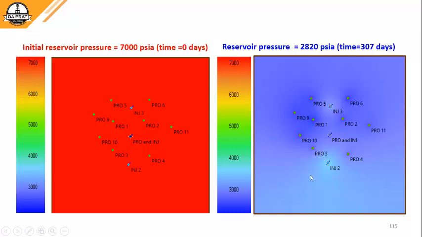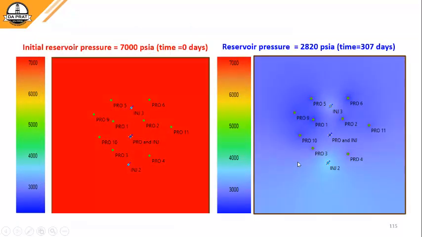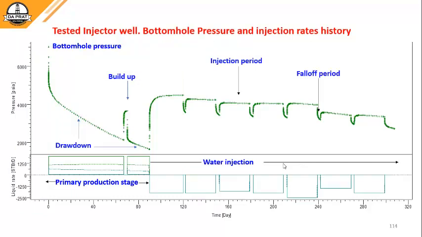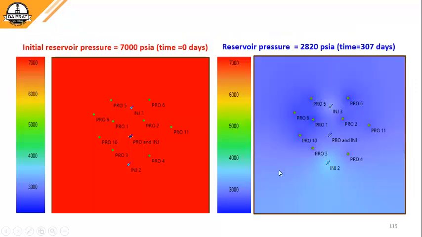And as we showed before, once we decided here to make a build-up to know the average pressure, this is the reason we start injecting here. And that's the reason the pressure has been kept at about 3,000 psi. Otherwise, it will go down if we had not been injecting water in this case.